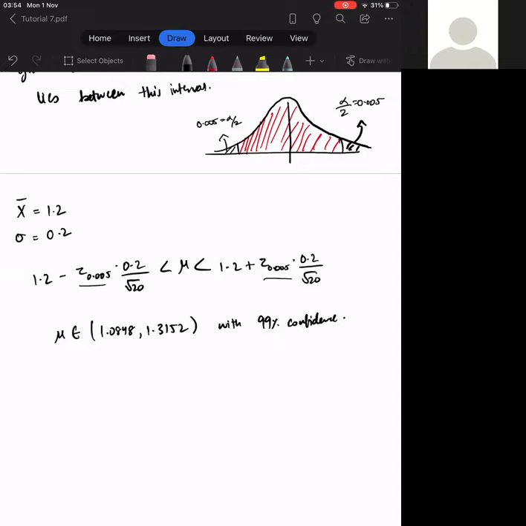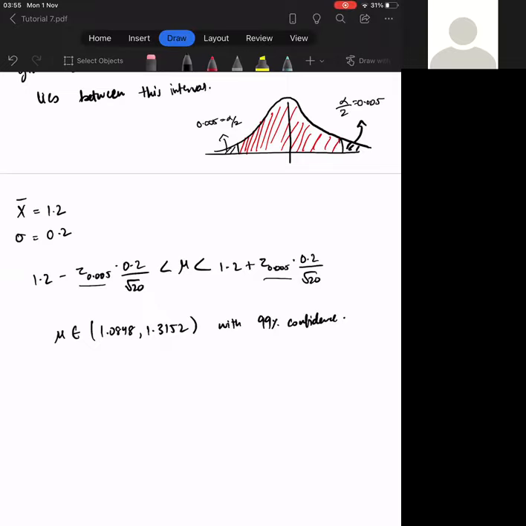Something to note about confidence intervals is that their boundaries are random variables. So as you change your samples, your confidence intervals will vary. This is not a probability. You will not say that mu will occur in this interval with 0.99 probability. That's an incorrect way of interpreting it.